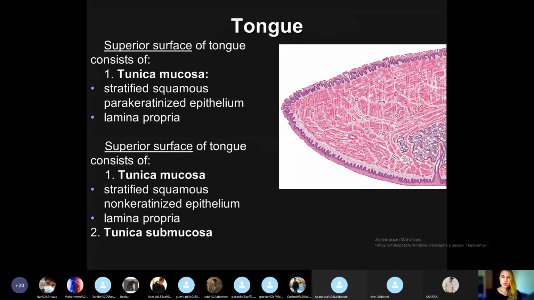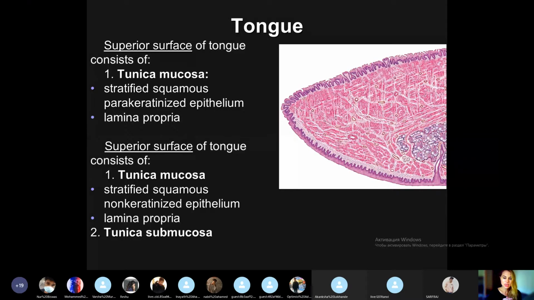So we are going to start now with the oral cavity, and the organ that we need to focus on is the tongue. The tongue is a muscular organ that provides many functions in our body. First of all, it is a taste organ.